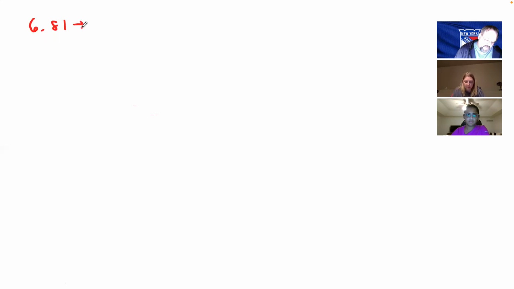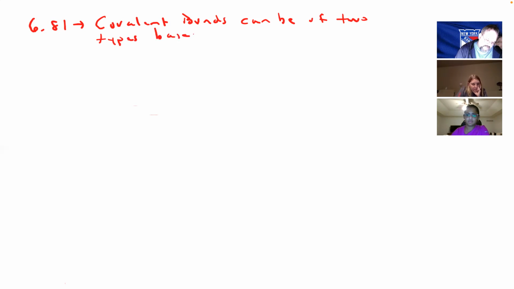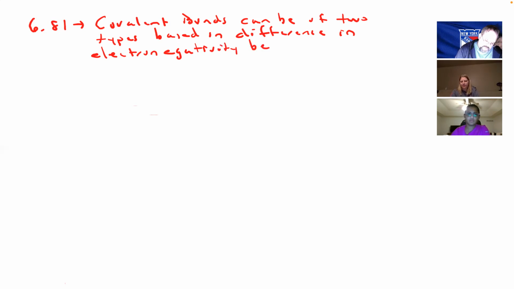All right. So first off, your covalent bonds can be of 2 types based on the difference in electronegativity between the atoms.